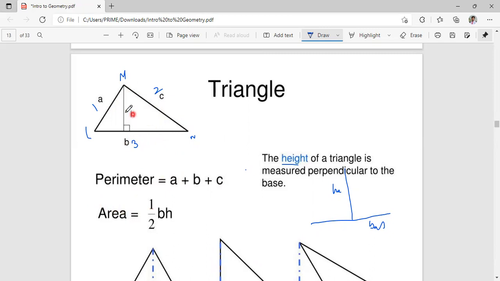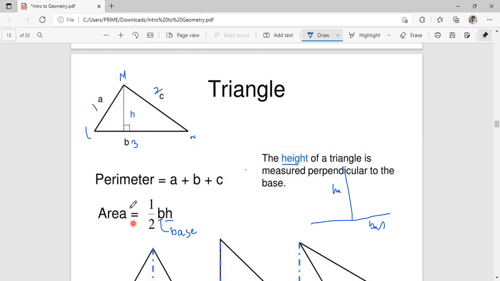Area is the inside of the boundary. Inside, we first have to measure the height. The height will be H, and this B will be called the base of this triangle. So what will be the area?